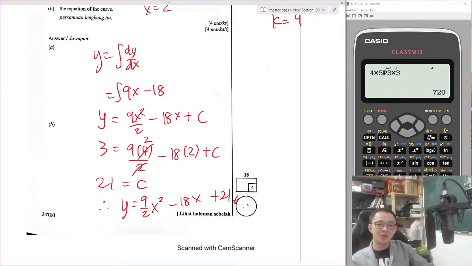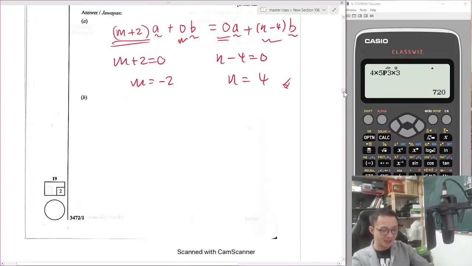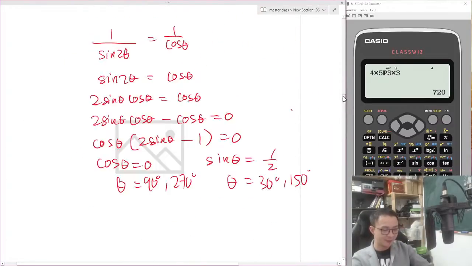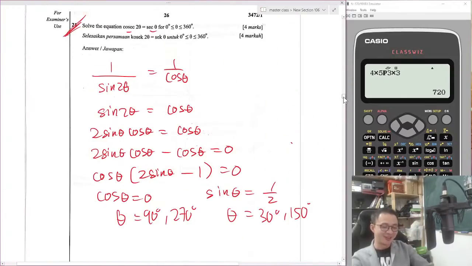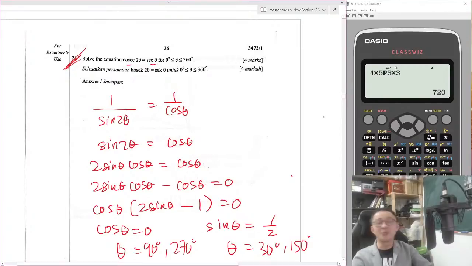In question 21, someone says 90 and 270 should be rejected because 1 over cos 180 is undefined. Good question, let me check again. Yes, you are correct, because in this case cos cannot be 0. Thanks for letting me know, I accidentally ignored it.